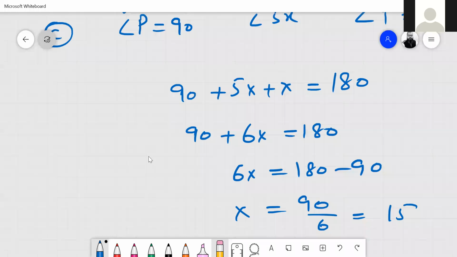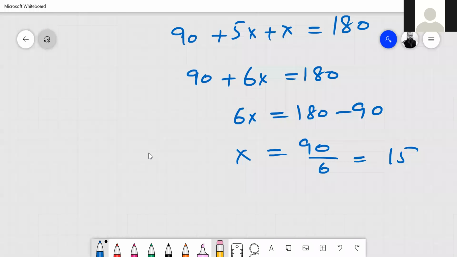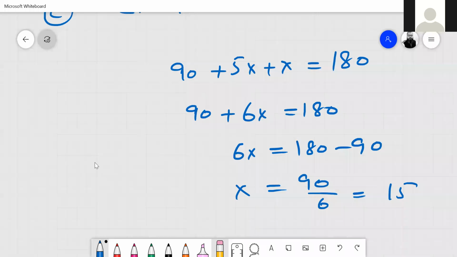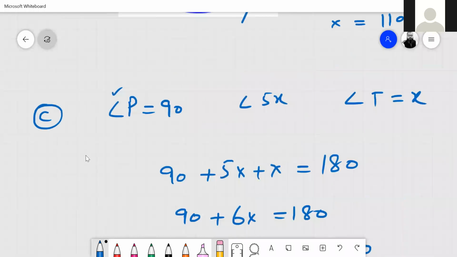So x is equal to 15. Angle T will be 15. And angle O will be 5x, 15 multiplied by 5, which is equal to 75.